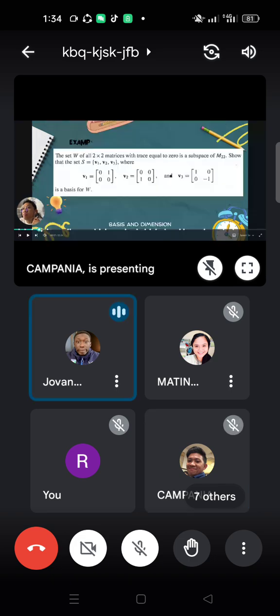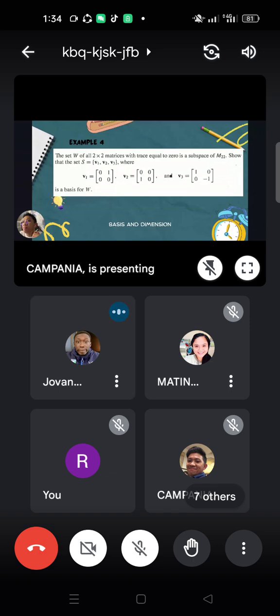For example, V1 has 0 plus 0, so its trace is 0. V2 is zero gihapon ang iyang trace because its main diagonal is 0 plus 0, which is 0.